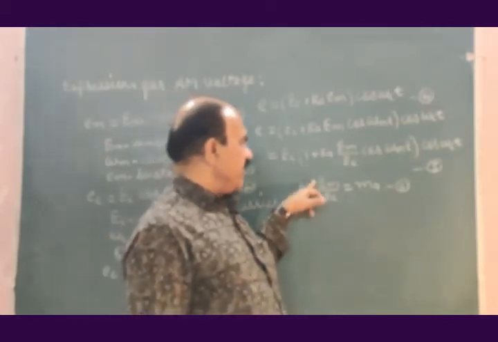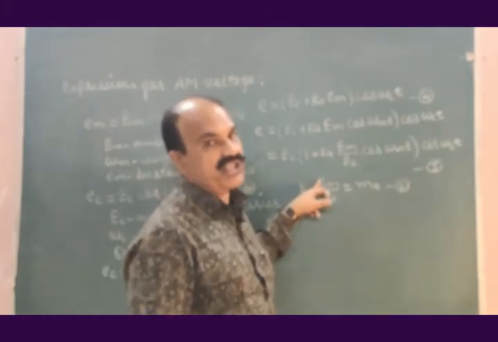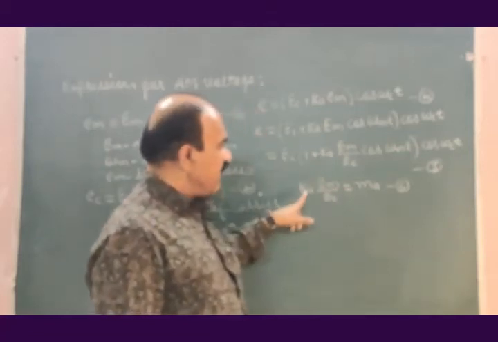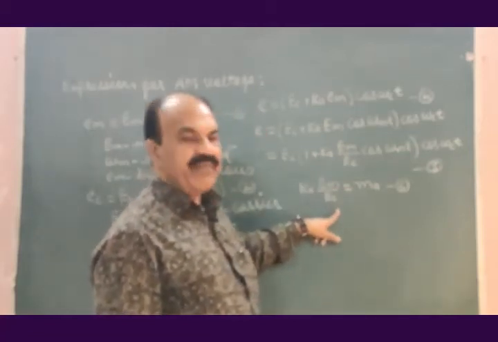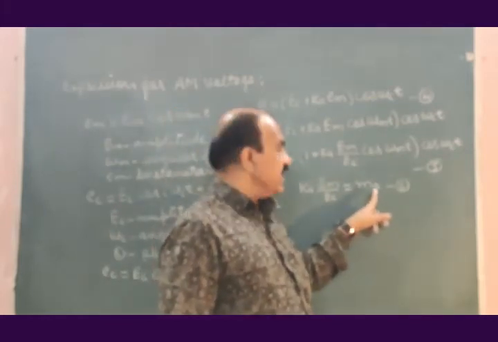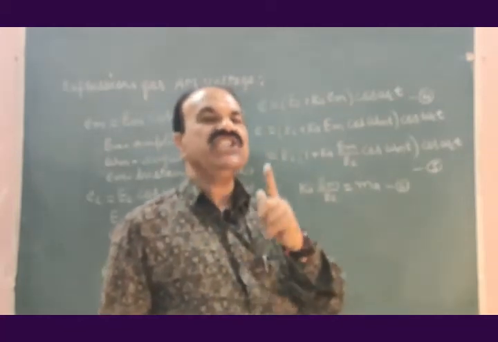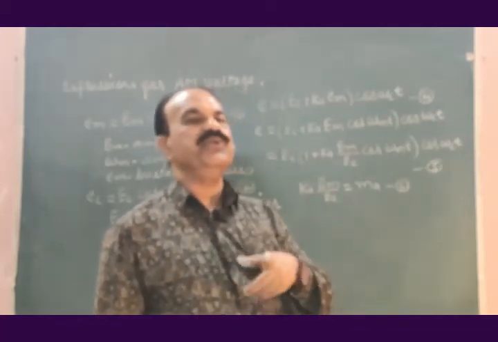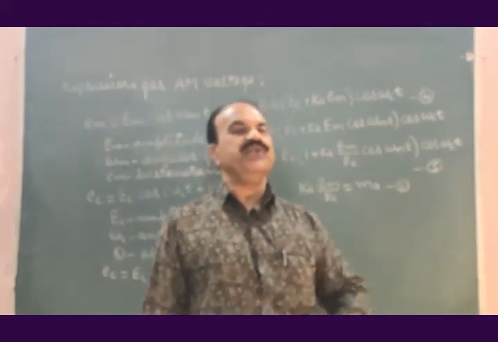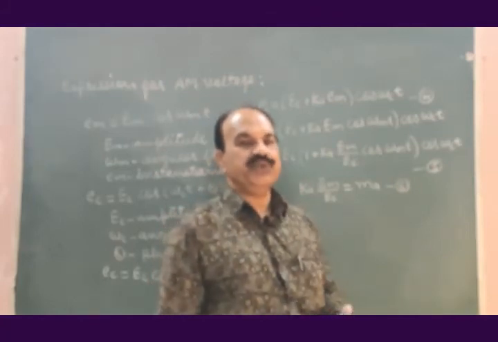For given modulating wave Em is constant, for given carrier wave Ec is constant, and therefore Ka into Em by Ec can be taken as some constant Ma. This Ma is known as modulation index of amplitude modulation, modulation factor of amplitude modulation, or depth of amplitude modulation.